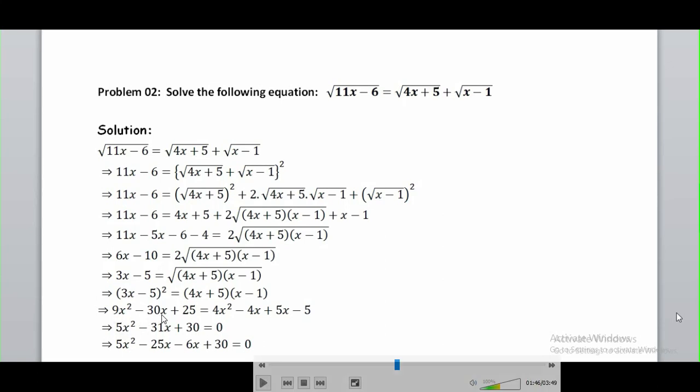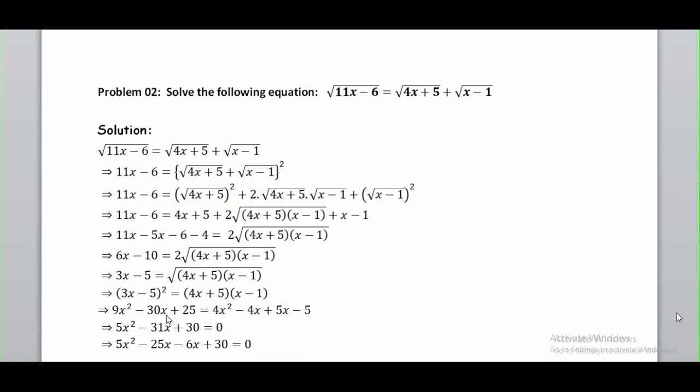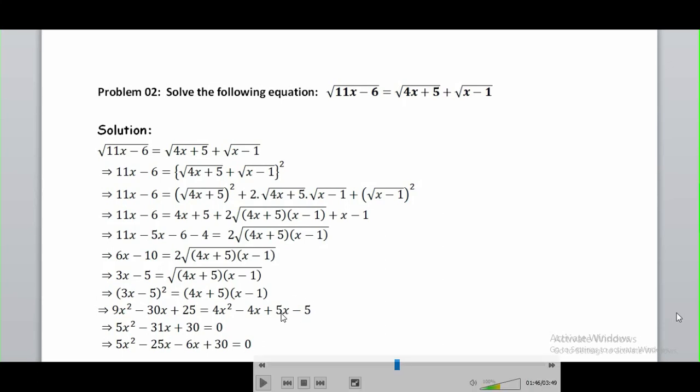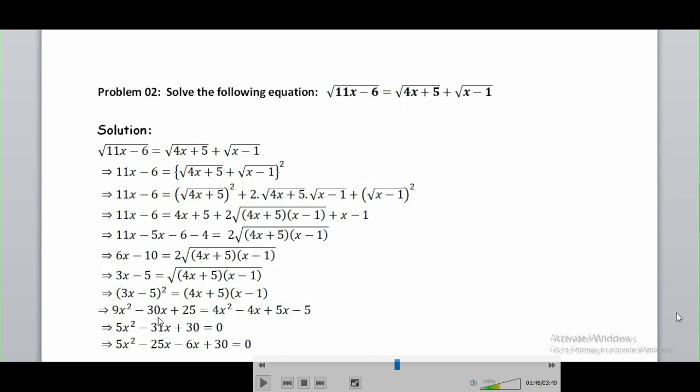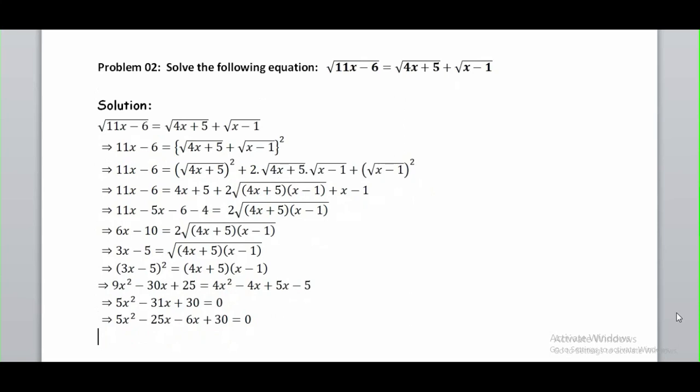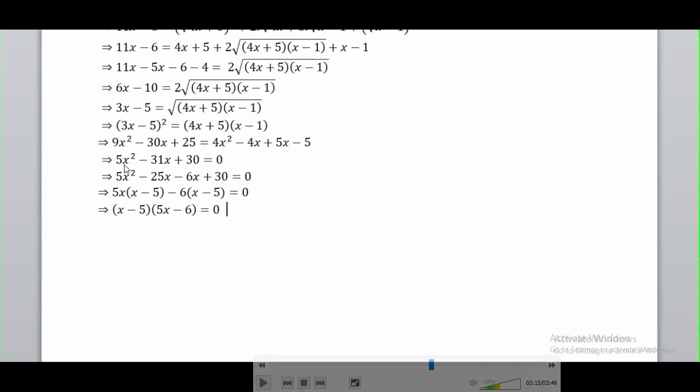Here we have minus 30x, and this 4x will come at the left side as plus 4x, and this 5x will come at the left side as minus 5x, and in total we will get 31x, and this 30 is the result of 25, and taking the minus 5 at the left side we will get plus 5, that is 25 plus 5.